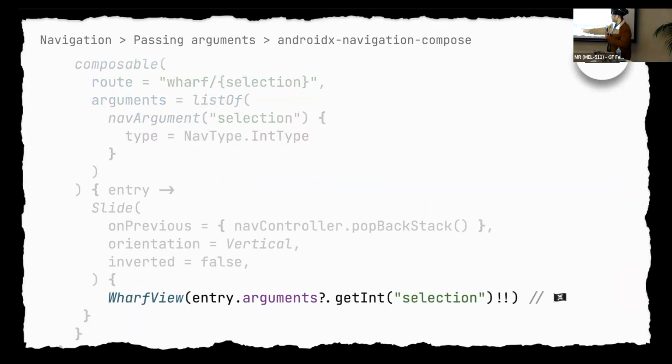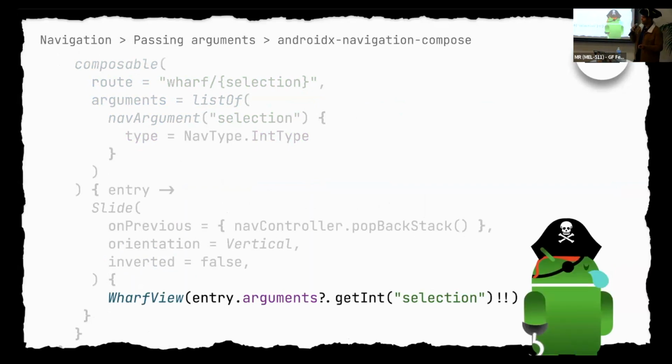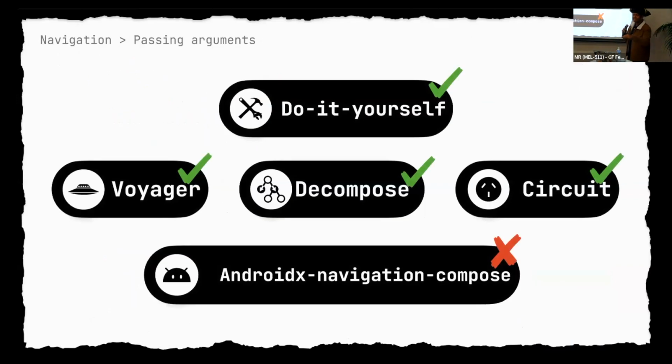We just need to manually deserialize that value as well. There's a lot of code to just pass one argument around, so I don't know, it just makes me tired. I'm going to save some time. All of these libraries actually have type safe navigation arguments. So if that's something you really want, you can use any of these libraries and it will work as expected.